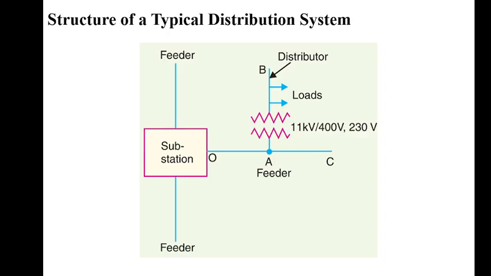This structure ensures an organized and efficient distribution of electricity, minimizing losses and maintaining a reliable supply. We can also call this a single line diagram, but later on we will see what the single line diagram is exactly.